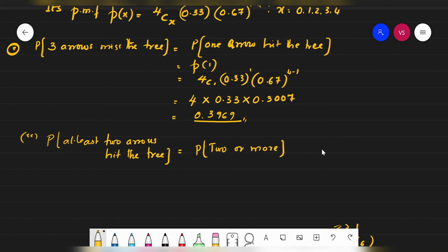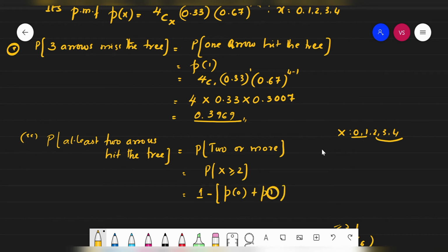So it would be the probability of X greater than or equal to 2. The range is 0, 1, 2, 3, 4, so 2 or more means probability of 2, or 3, or 4. Rather, there are 3 probabilities to find, so we can take the complement, that is 1 minus the probability of 0 plus the probability of 1. We can consider this, students.